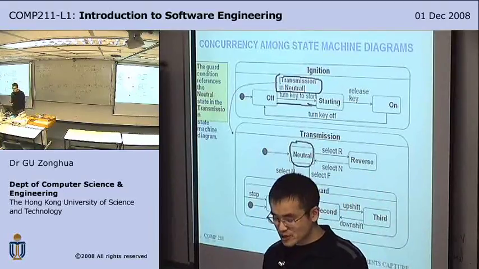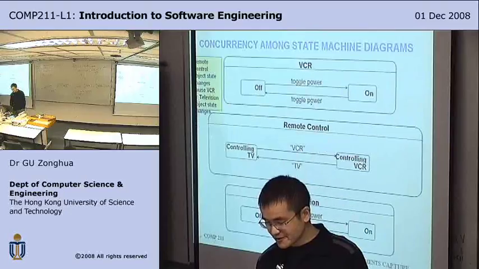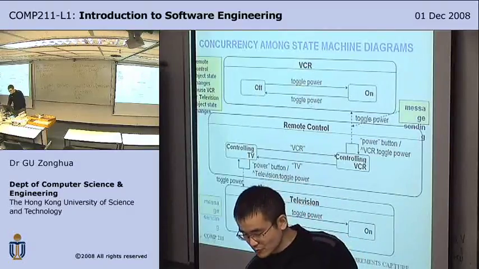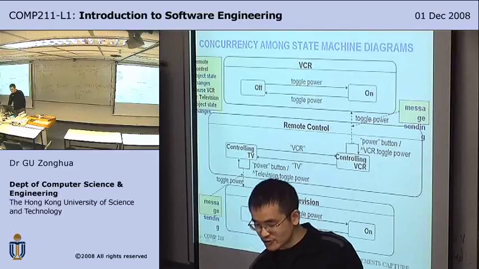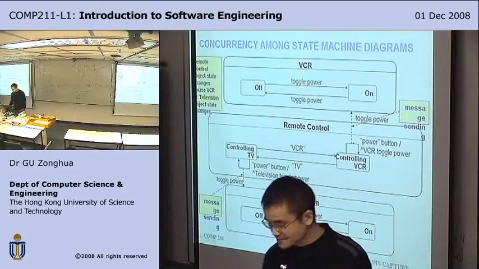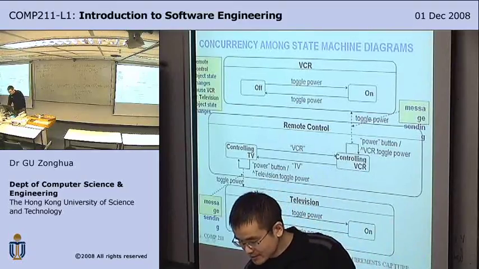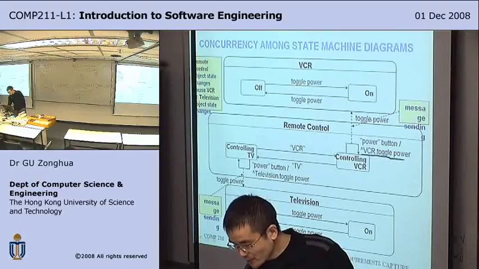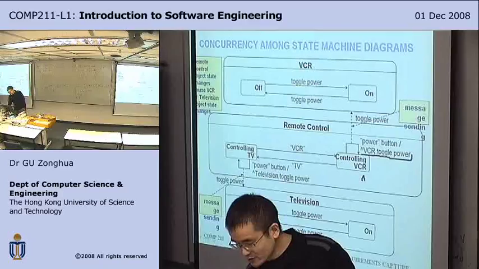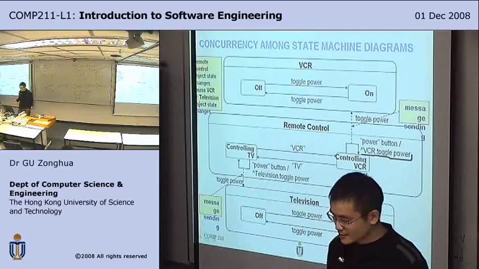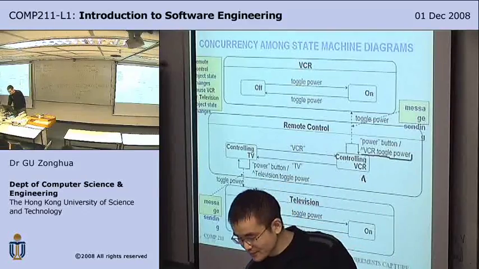That's one form of communication. Another form is sending events. So when you use your remote control, you press the power, and you can say VCR.toggle power. This little thing here means that it's an outgoing sent message.